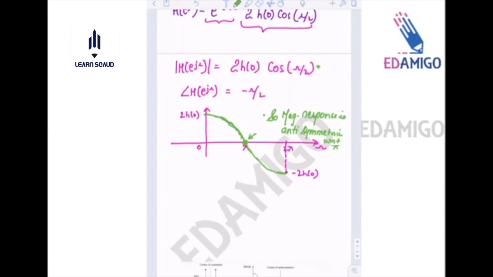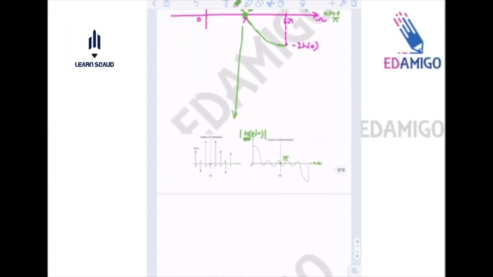Okay, so this conclusion is valid for bigger values of N also, because here I have copied the magnitude plot for N equals 8, and here also we can see that the magnitude plot is antisymmetric with respect to π. Thus this is the conclusion for h[n] where h[n] is symmetric and N is even. So this conclusion is valid for bigger values of N also.